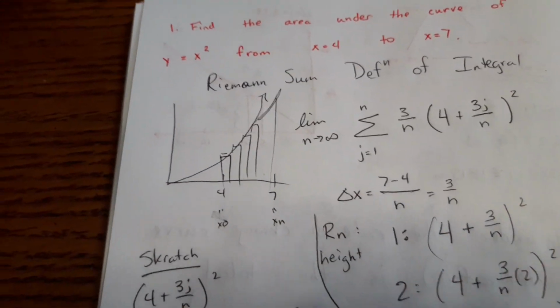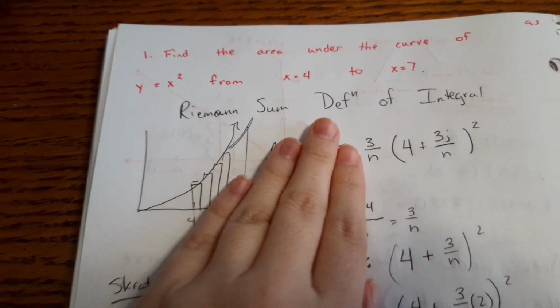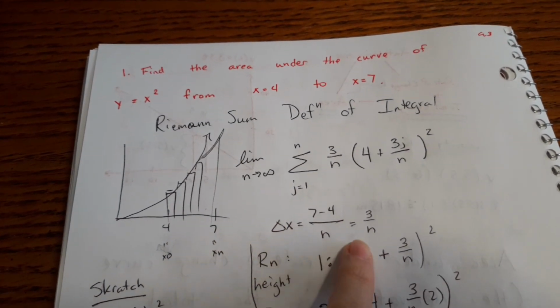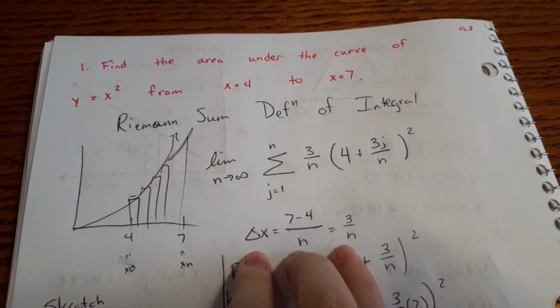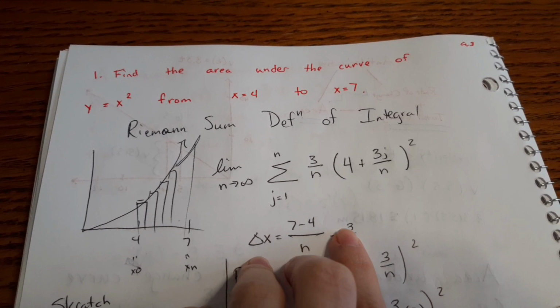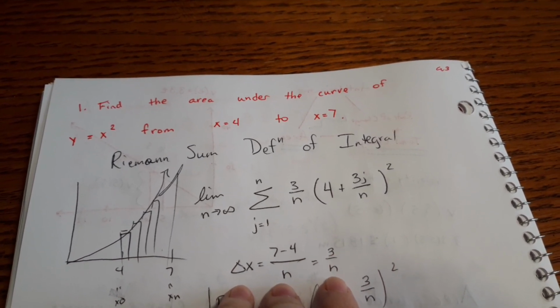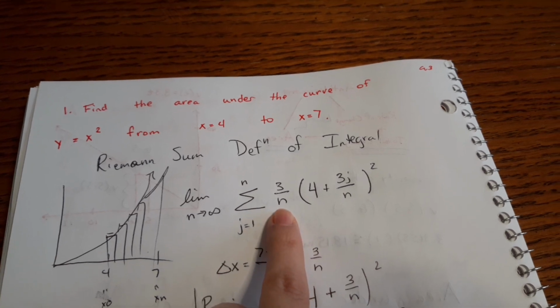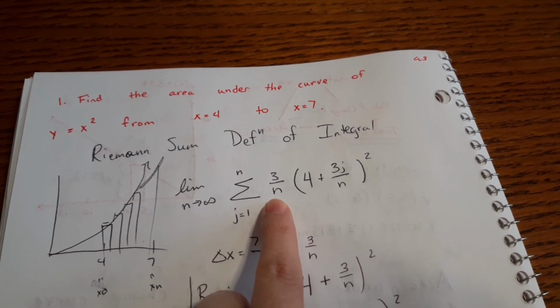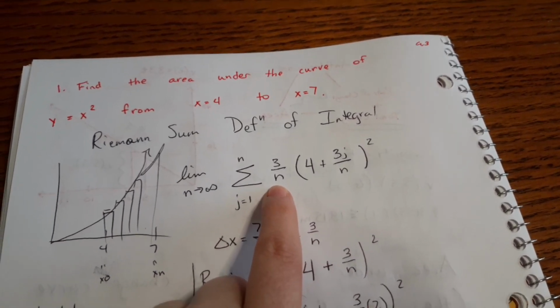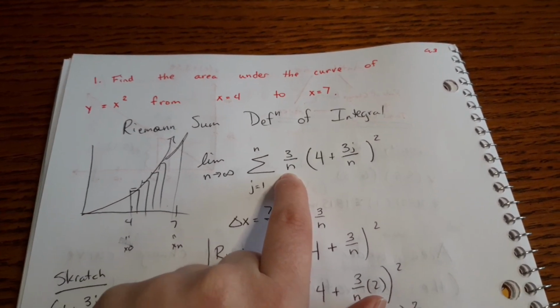If we were to set this up, you want to start by finding that delta x. So we've got our total change in distance, which is 3, divided by our number of rectangles, which is n. So for the width of our rectangle in our Riemann sum, we're going to have 3 over n.